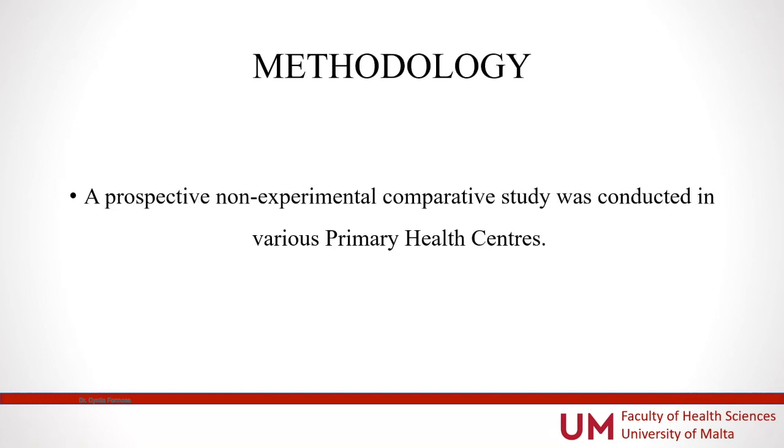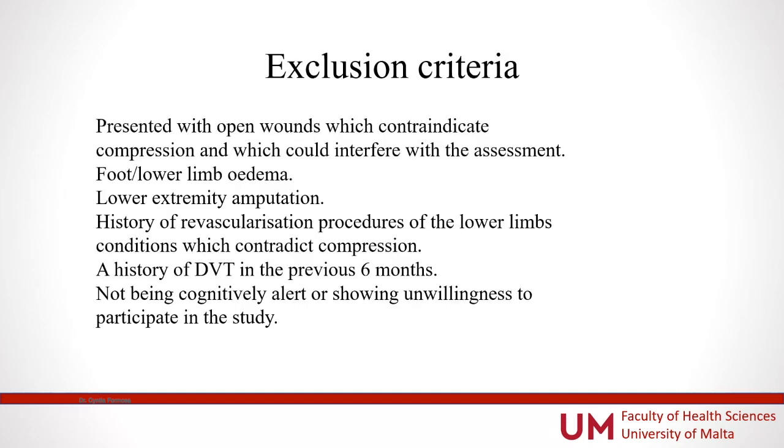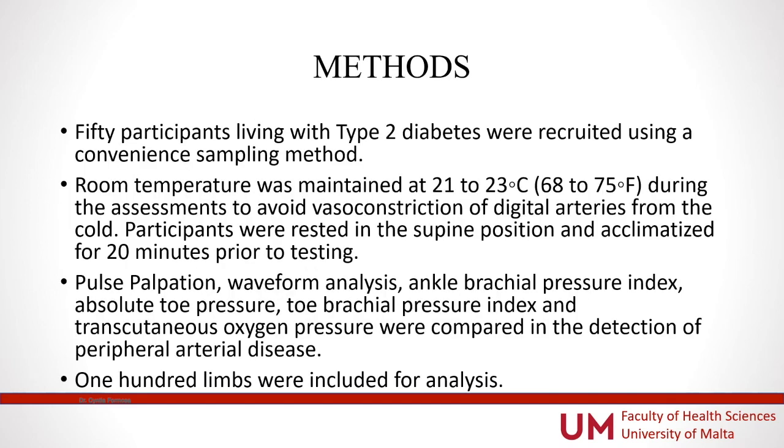In this first study, we aimed to compare different screening modalities in the detection of peripheral arterial disease. We conducted a prospective non-experimental comparative study in various primary health centers. We had a number of exclusion criteria: people with edema, people with amputations, and history of DVTs were all excluded from our study. So basically, we recruited 50 participants living with type 2 diabetes using a convenient sampling method. Obviously, the room was controlled for temperature and humidity in order to avoid vasoconstriction of the arteries.